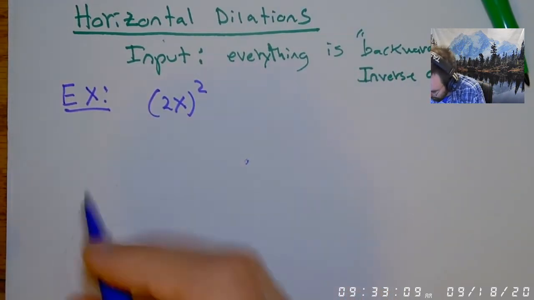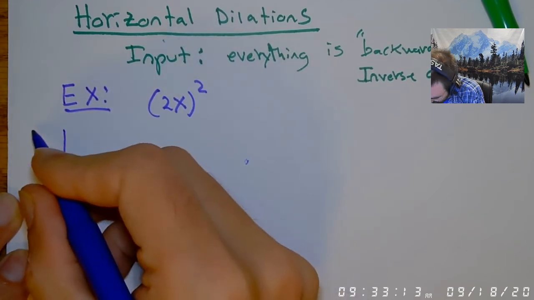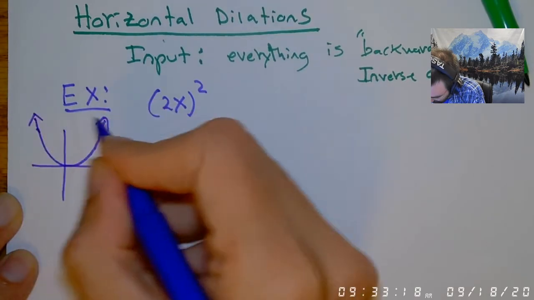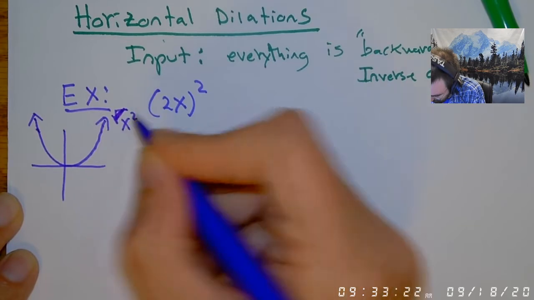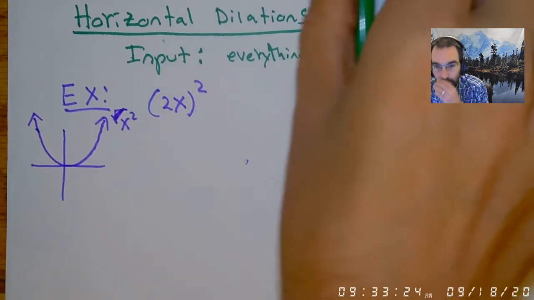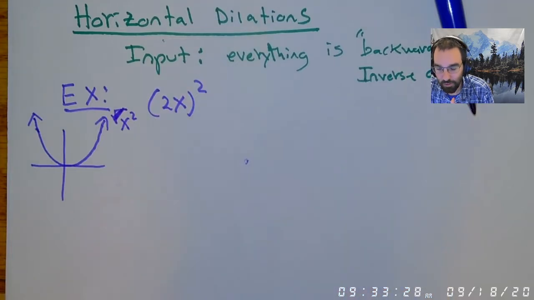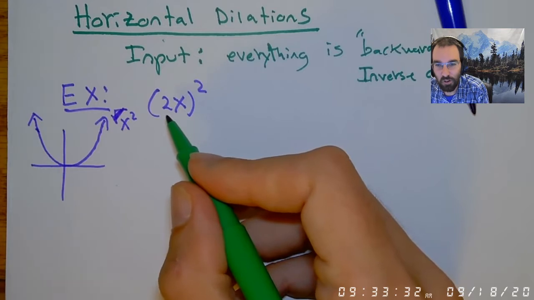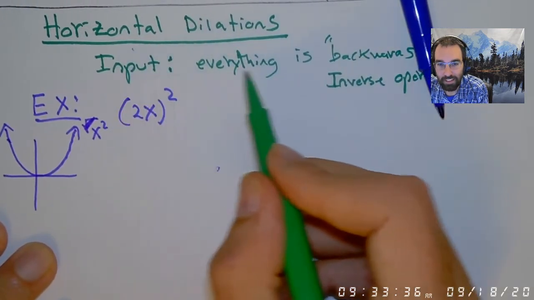So if I draw this, this is the square root, this is x squared, okay? Now, what's happening here, and this is where people get confused, is that people look at this and they struggle with what it's being dilated with. But now remember, input, everything is backwards.